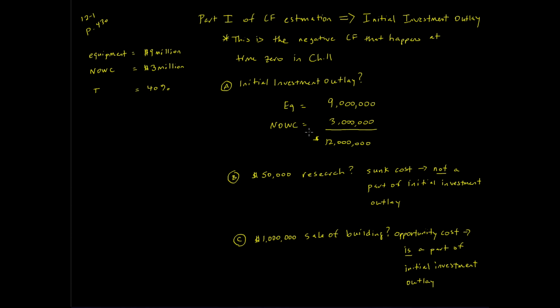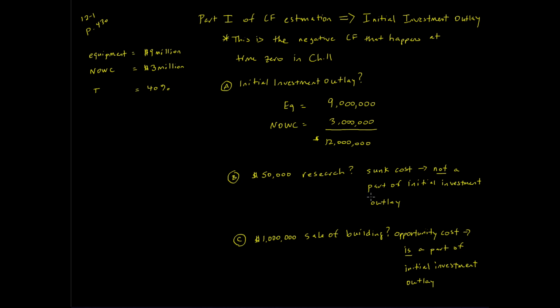This is called a sunk cost, and this $50,000 is incurred and expensed whether we do this project or not. It's not dependent on moving forward with the project. It's a done deal. It was done last year. It's already been expensed. So a sunk cost, anything that you can identify as a sunk cost, is not a part of initial investment outlay. So make sure you know the term sunk cost.